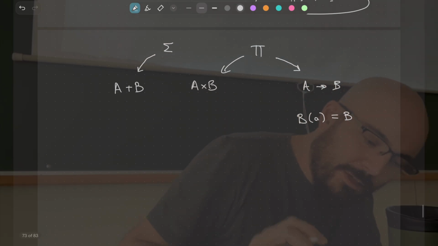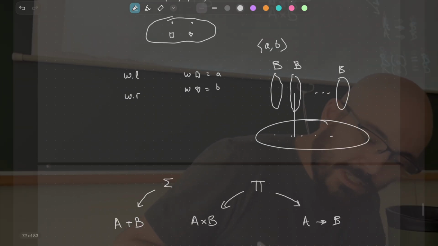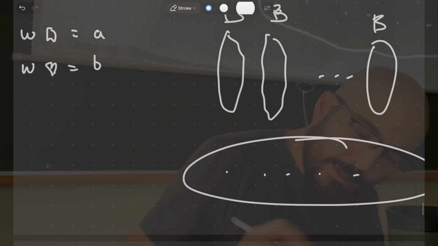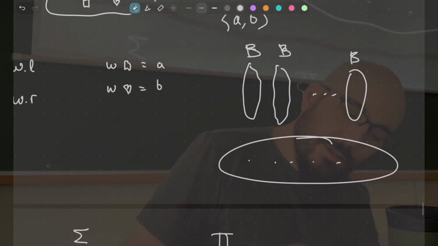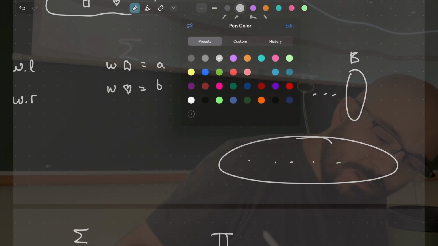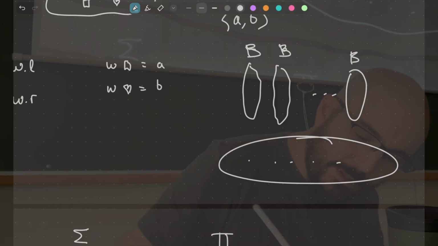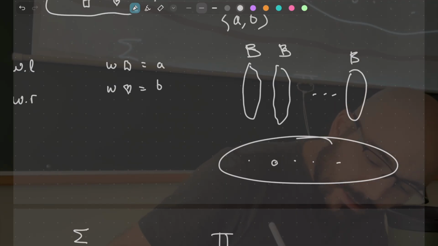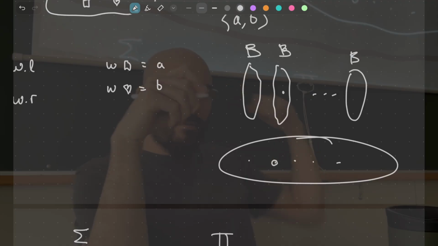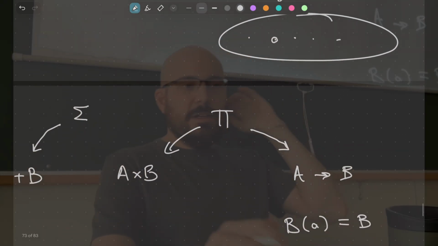So what happens in the case of sigma? Consider this picture again, I don't need to draw it again. And now the question is, what is the sum here? Remember, the sum is a pair of things: something of this, together with an element of B. So what happens here? Can somebody see that?